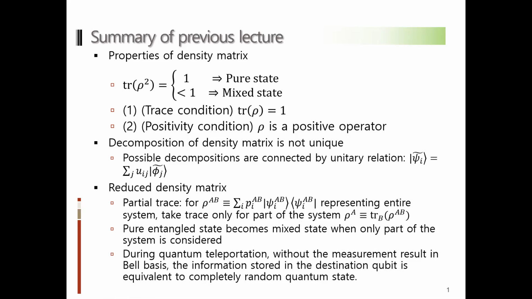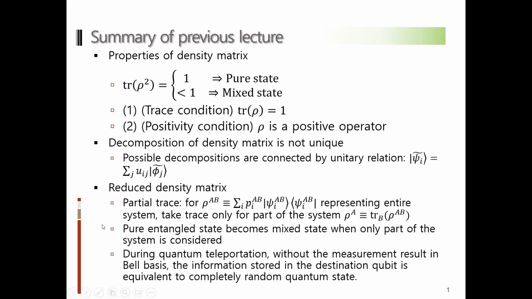If some state is not entangled, it is generally called a separable state. And there is a very interesting mathematical criterion to tell whether a given state is entangled or not.